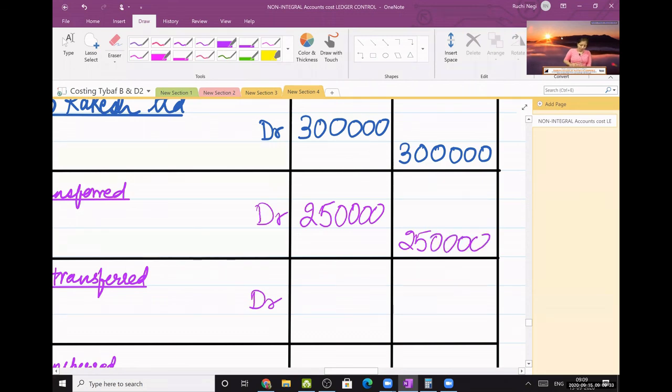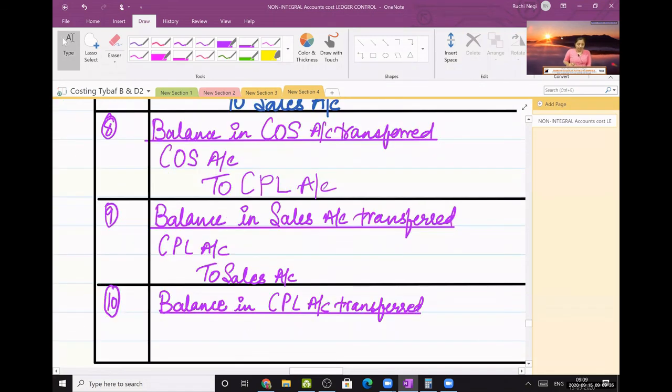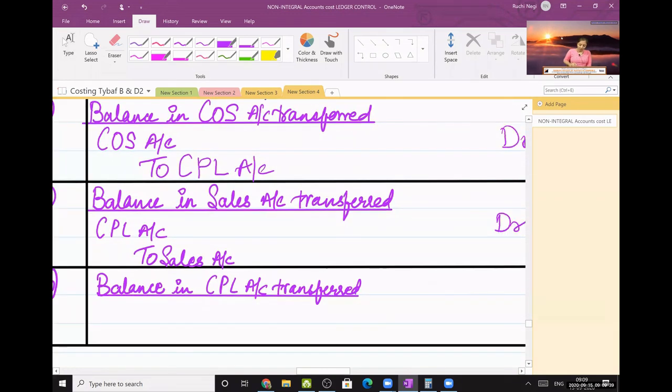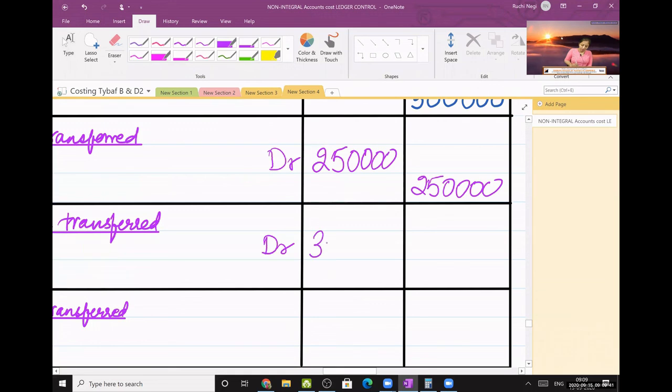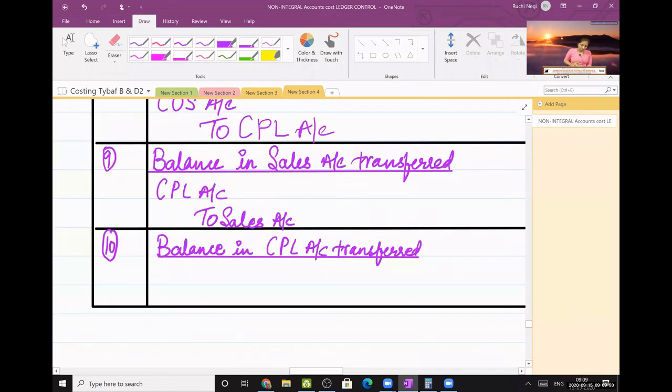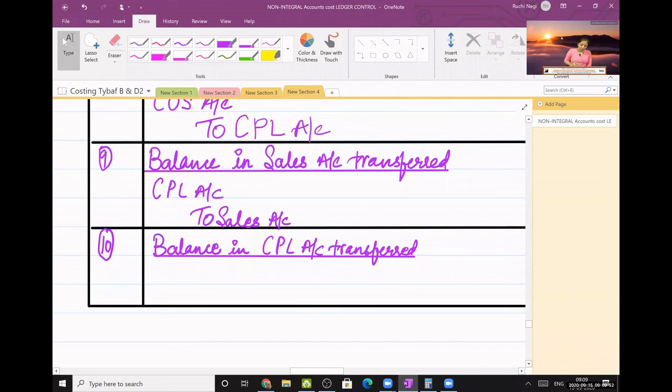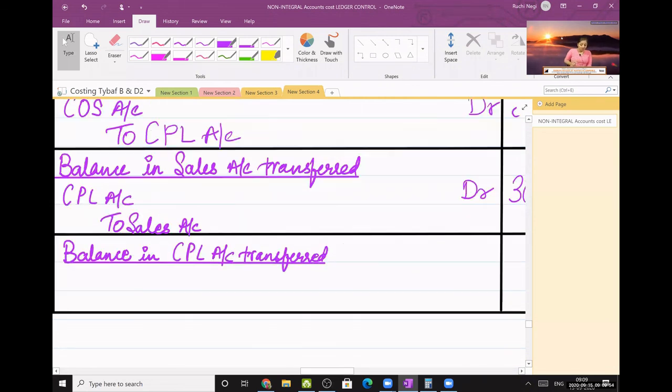Next, journal entry number 9, which you get from the ledger, balance in sales account transferred, CPL to sales. How much is the balance we got? 3 lakhs. Next, the 10th one, balance in CPL account transferred. Which balance is this? Obviously the net profit which you are transferring.